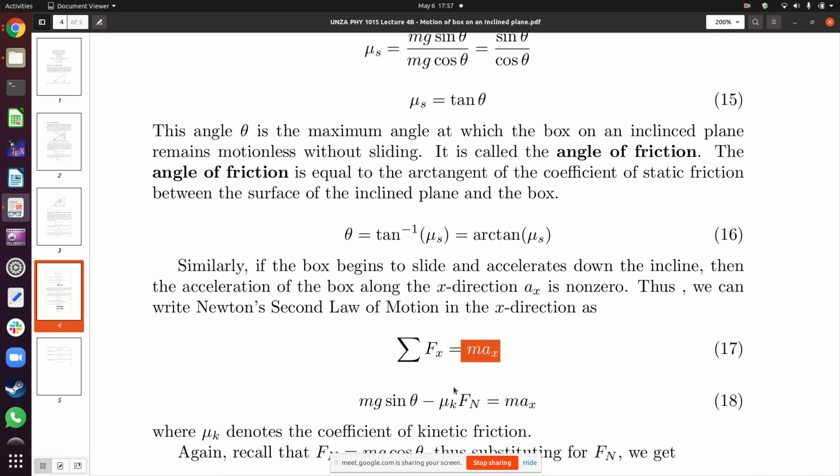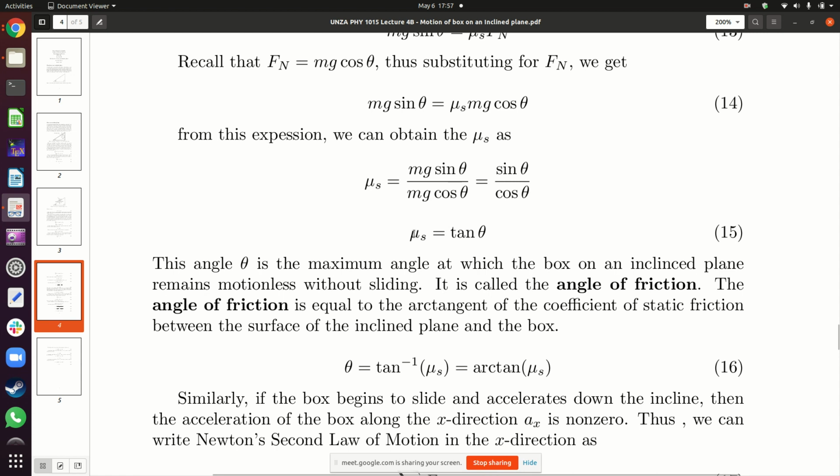Is there any coefficient of static friction apart from kinetic? There's a coefficient of static friction, which you find by this, in this case, tan theta. There's also the coefficient of kinetic friction. Usually coefficients of static friction are much larger than coefficients of kinetic friction.